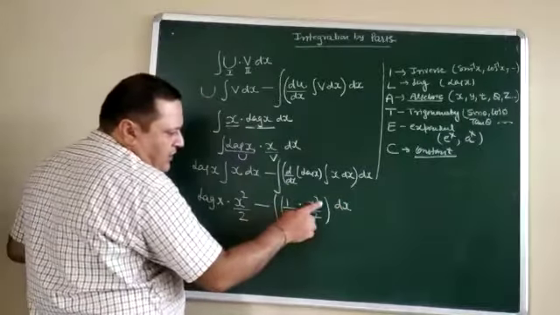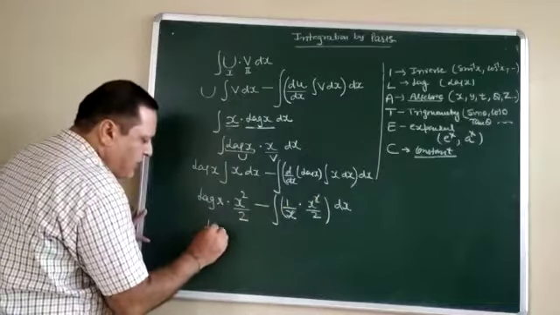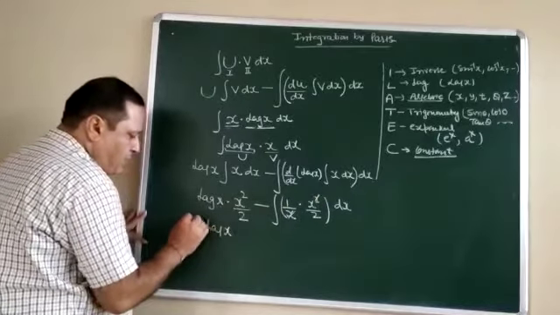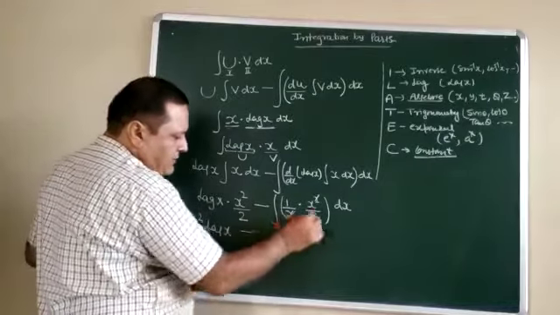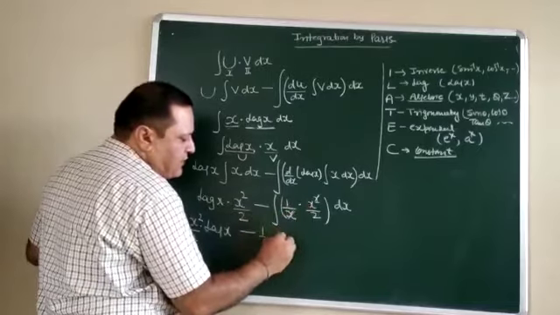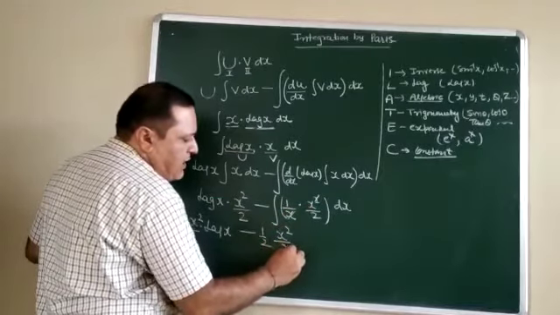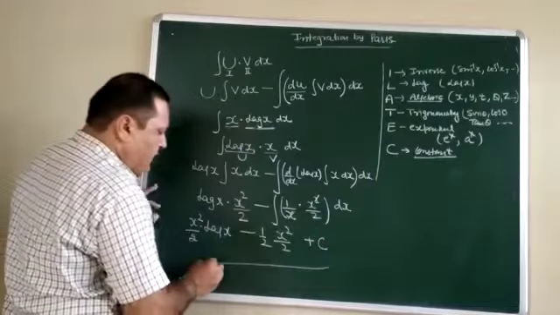We observe x square and x, one x gets cancelled. So what is here? It is log of x along with x square by 2, minus 1 by 2 of what is left, only x. Integration of x is x square by 2, plus c, the constant of integration.